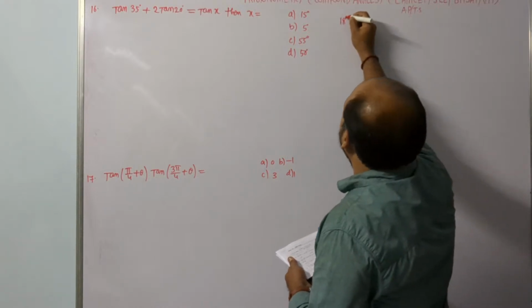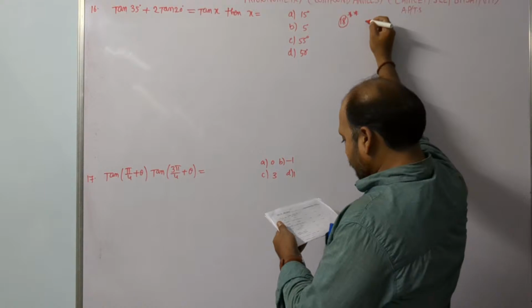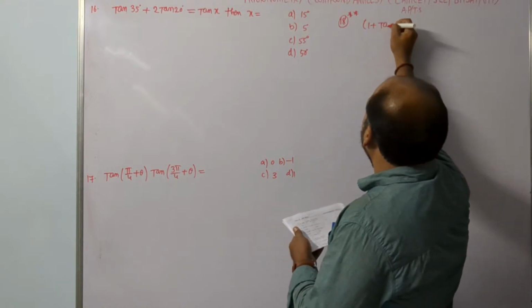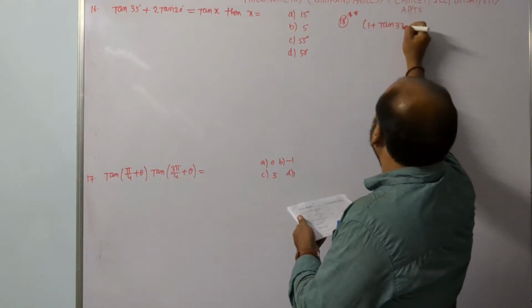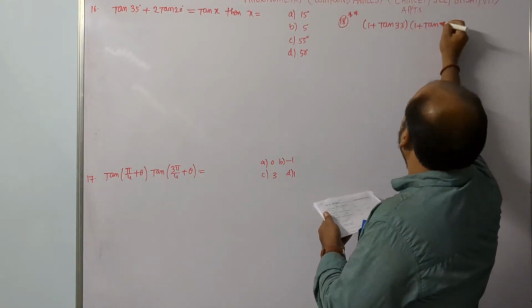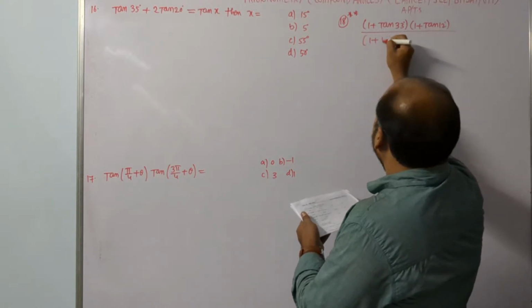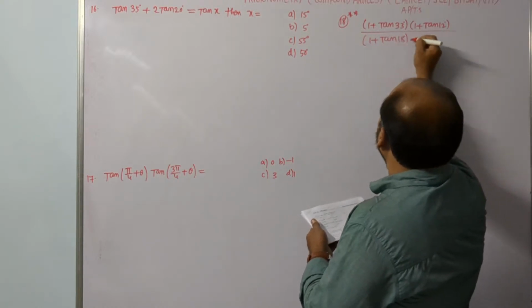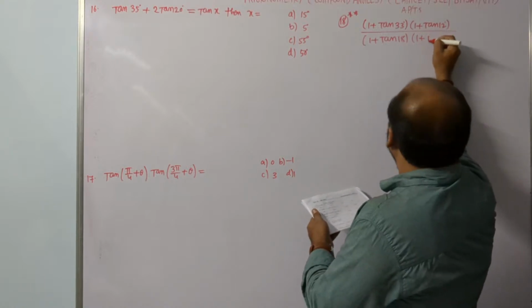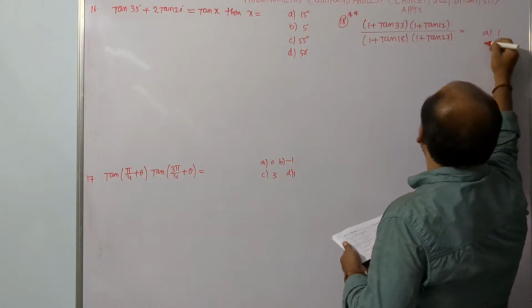Next question number 18. This is a very important model, dear students. 1 plus tan 33 degrees into 1 plus tan 12 degrees divided by 1 plus tan 18 degrees into 1 plus tan 27 degrees is equal to, options.